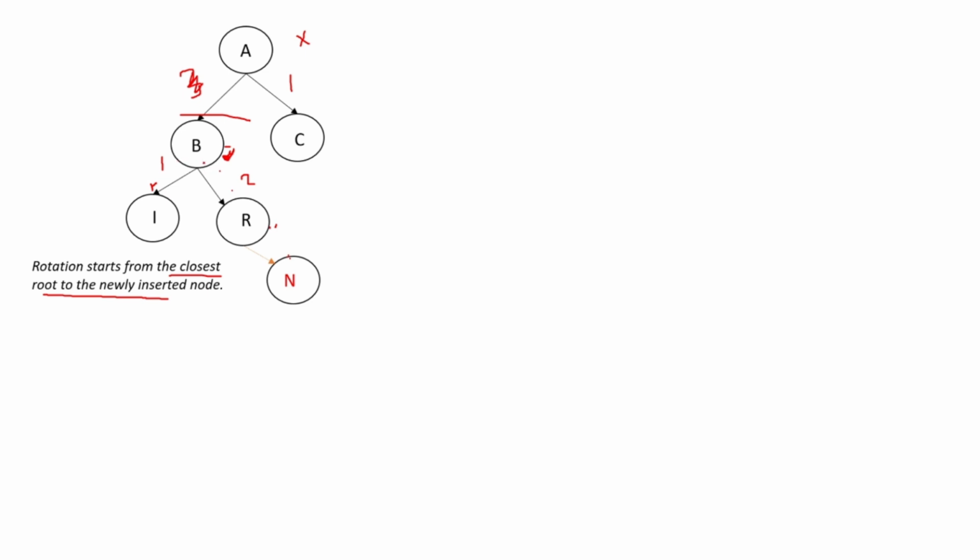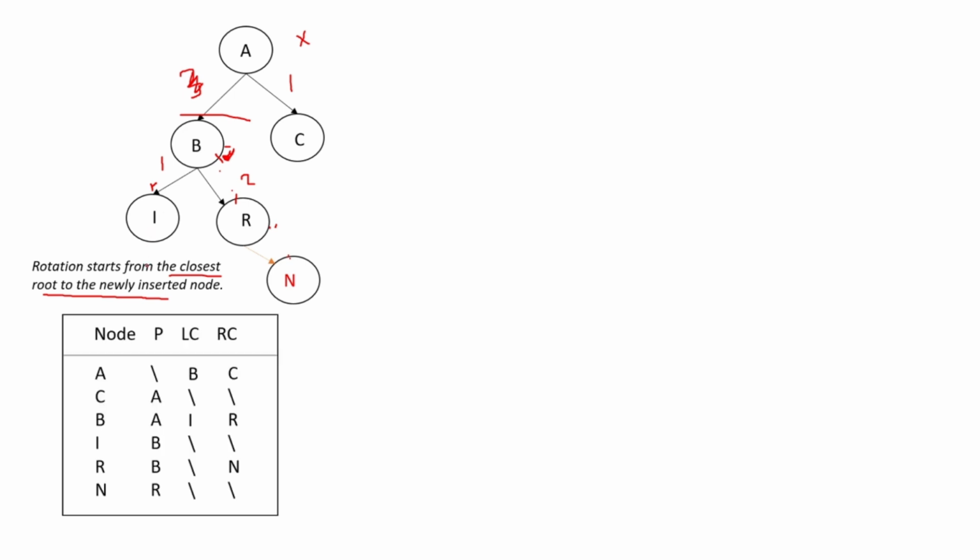In the left rotation, whatever changes will be done are in these two nodes, B and R. R will be pulled up here and B will come down. Right now the node and pointer table looks like this. This stands for the null pointer value. Now when we are rotating here, this part is fine, it was as it was.